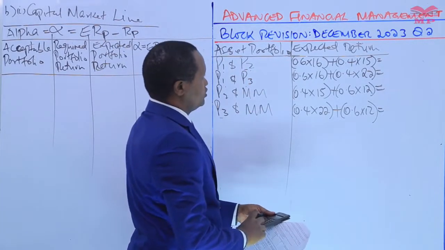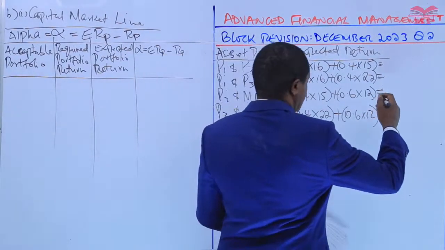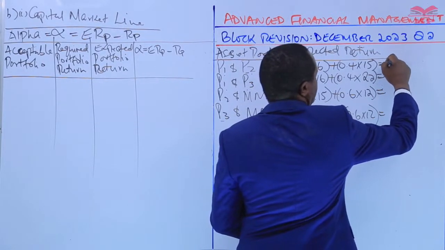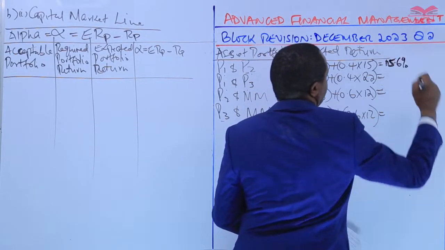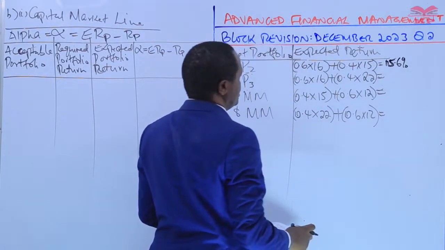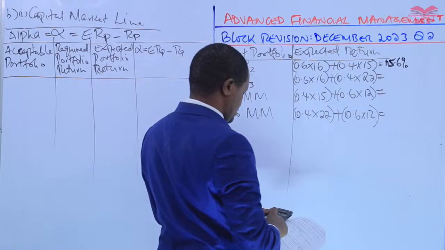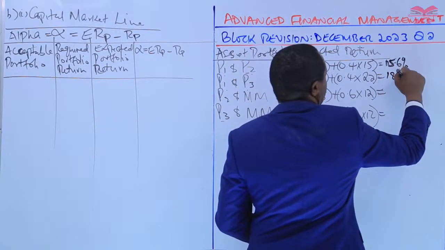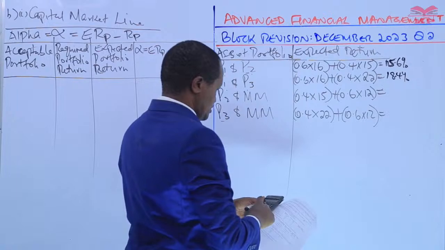So that will be equal to, the first return here, 15.6%, converted into percentage. Next, 18.4%.